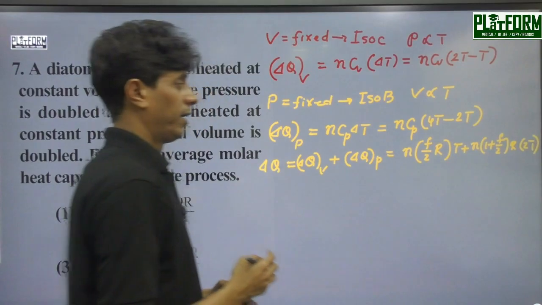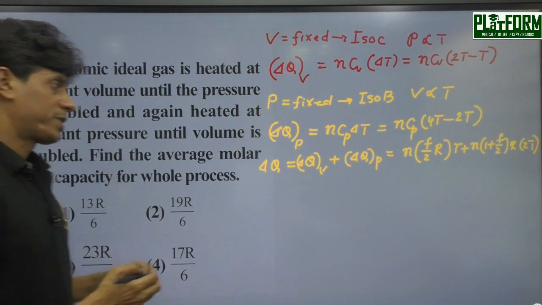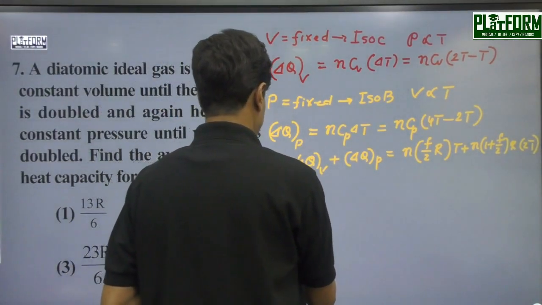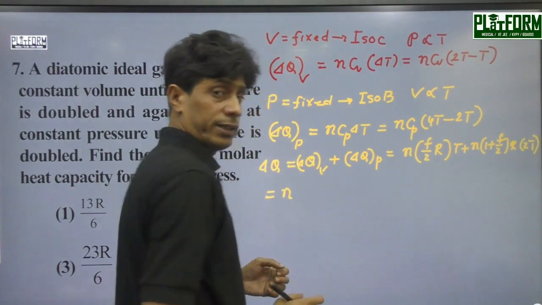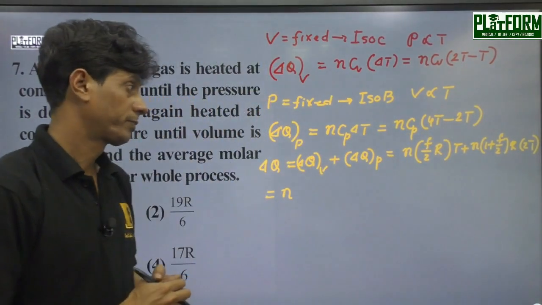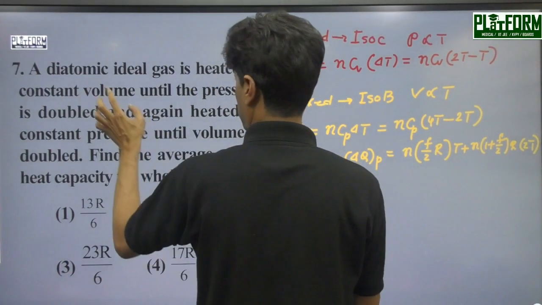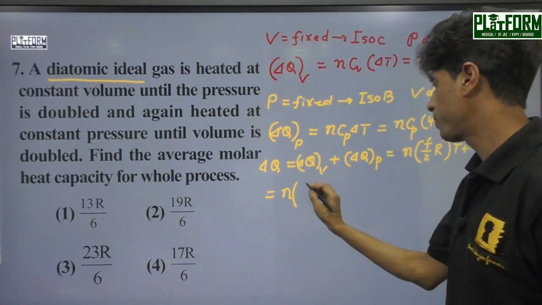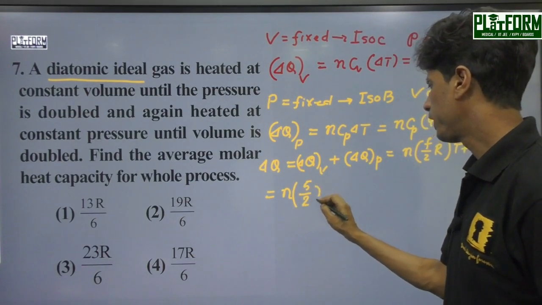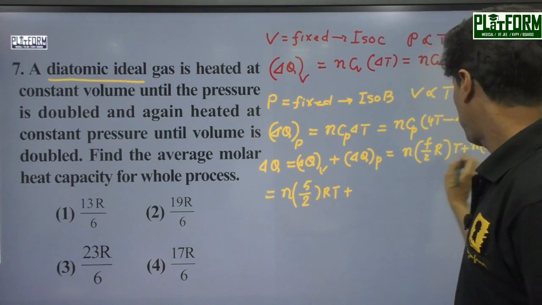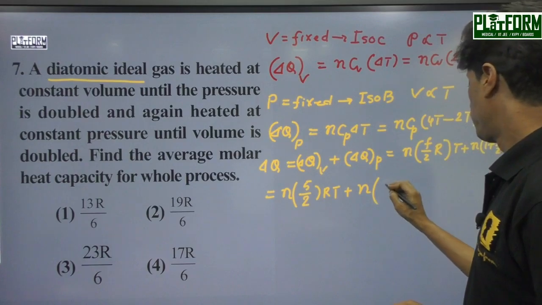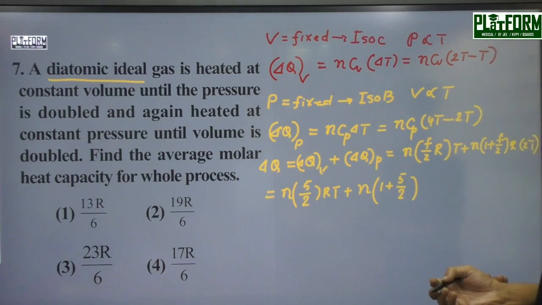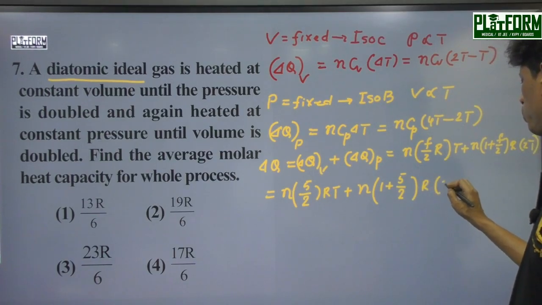This is the amount of heat given in the process. n is the number of moles, f is the degree of freedom, and the gas is diatomic, so the degree of freedom is 5. So 5 by 2 R T, and the number of moles is n, plus n (1 plus 5 by 2) into R into 2T.